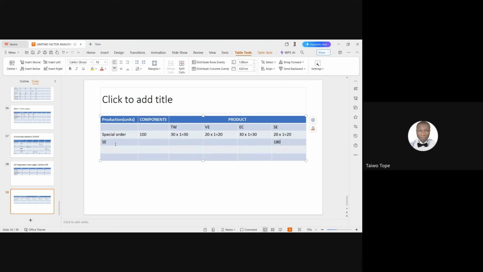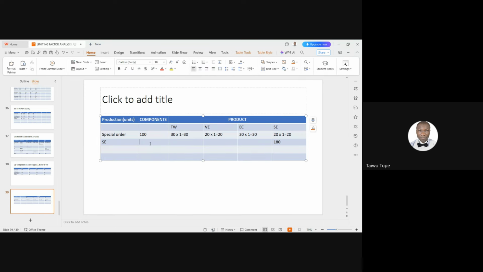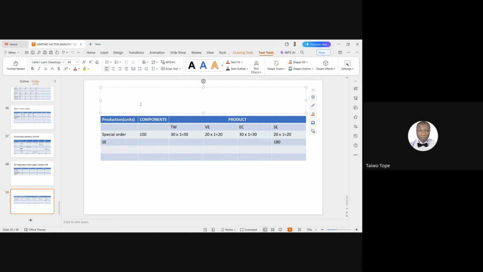So how many components will you use? To produce 180, how many components will you use? 180 times 1, 180.